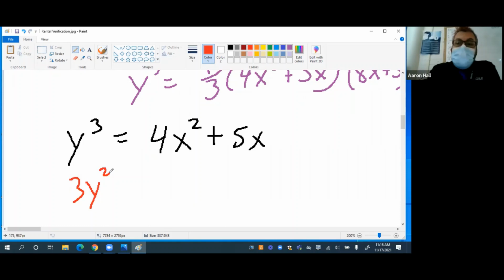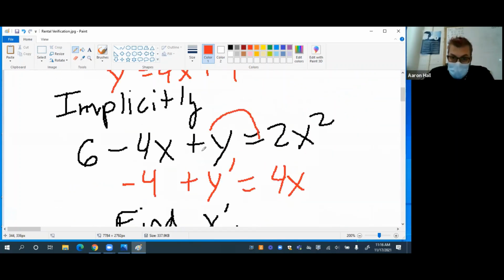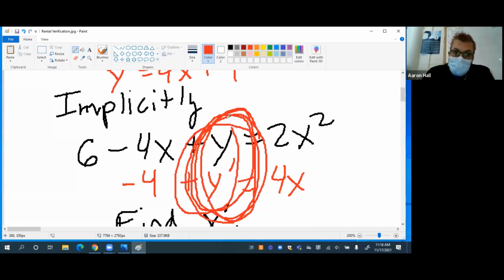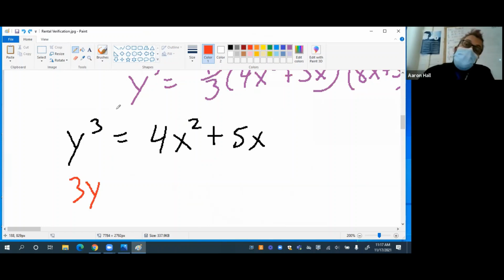3y prime squared. Isn't this the chain rule? This is the part that trips students up. When you take the derivative of y, you get y prime. This is the chain rule. I'm taking the derivative not with respect to y, but with respect to x.